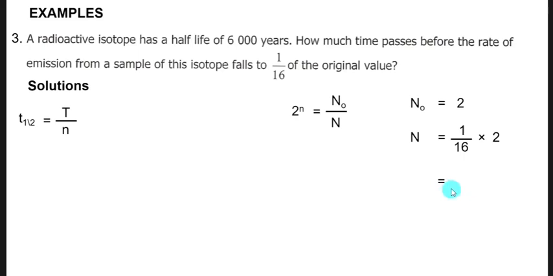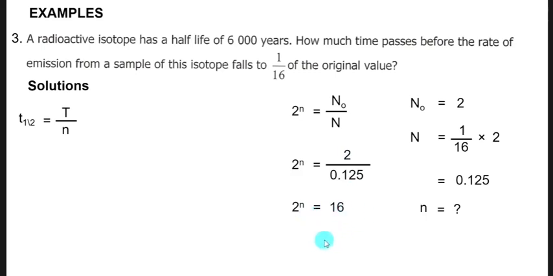When we evaluate this, we get 0.125 as the amount remaining. Now n is unknown. So n is equal to the original, which is 2, divided by 0.125, so 2 to the power n is equal to 16.